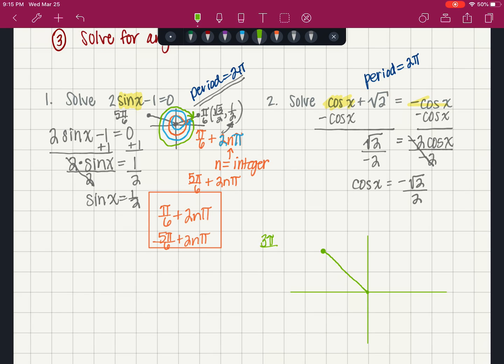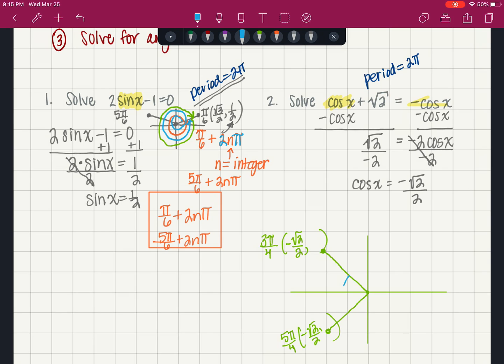So it happens at 3 pi over 4, right? It's the x value. And it also happens at 5 pi over 4, right? But it happens every 2 pi.